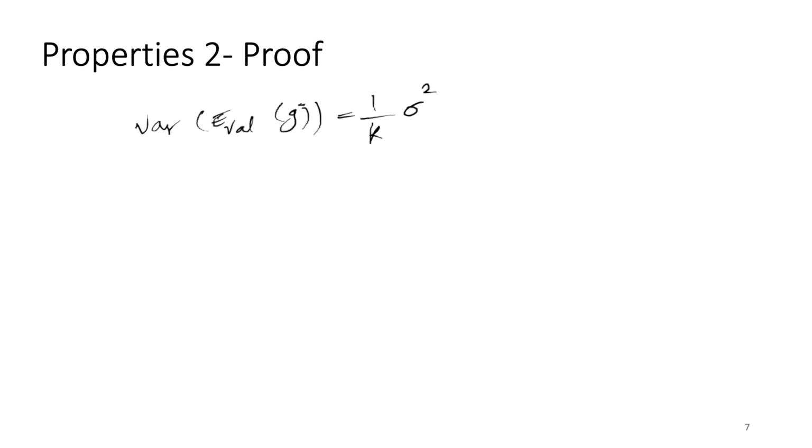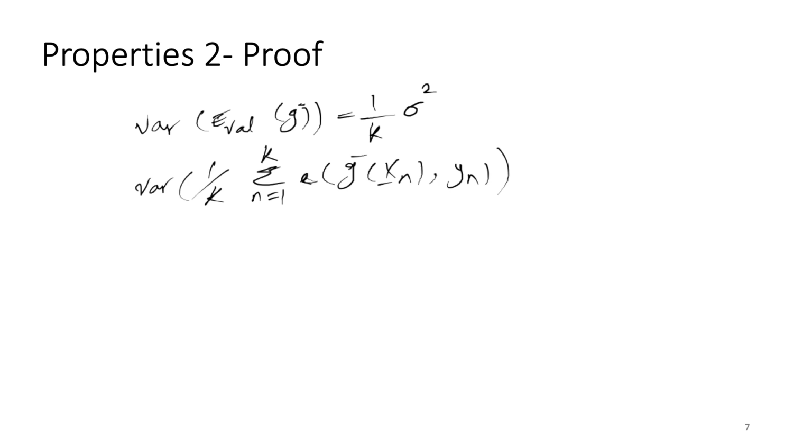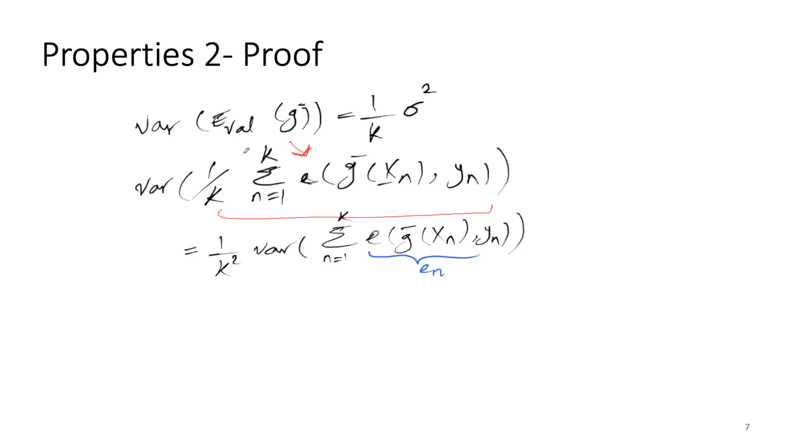So we want to calculate the variance of validation error, right? So the variance of E_val, again, the validation error would become this. Put it in place. K samples, you want to sum up all the errors pointwise and divide by k, and then this would be equal to 1 over k squared of variance.